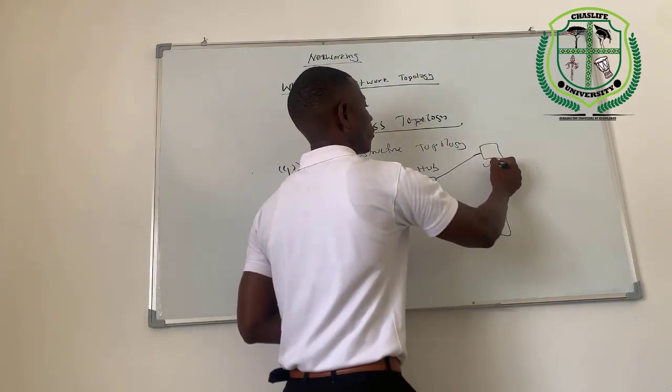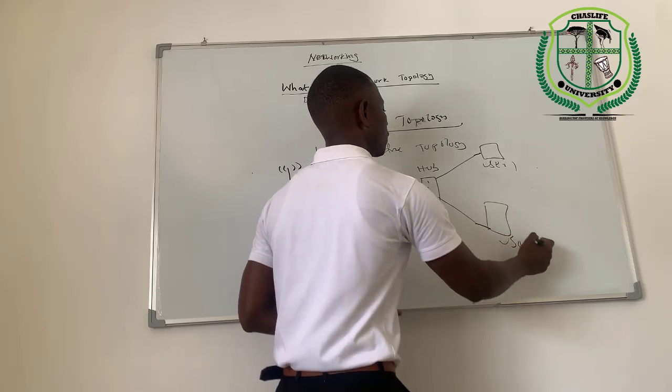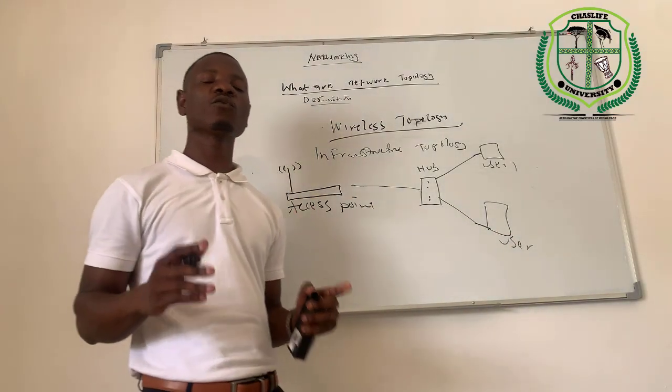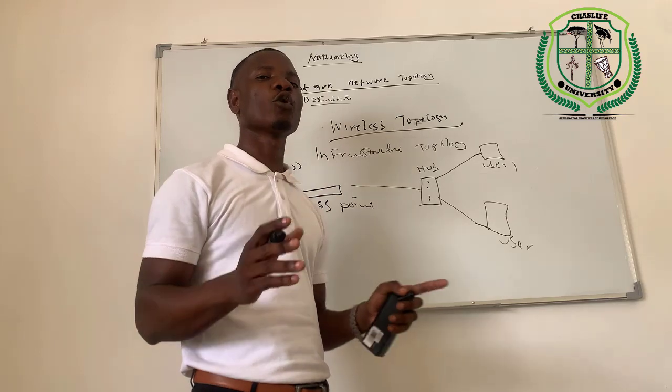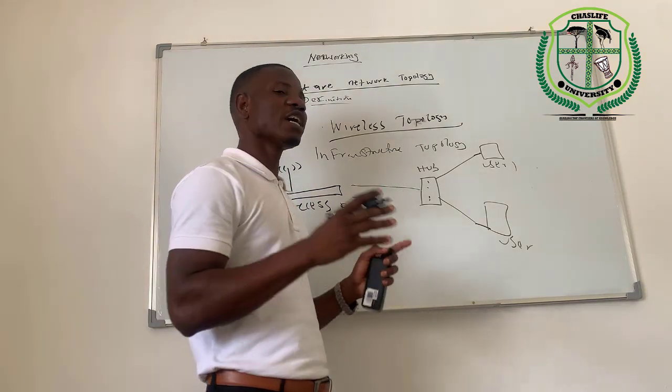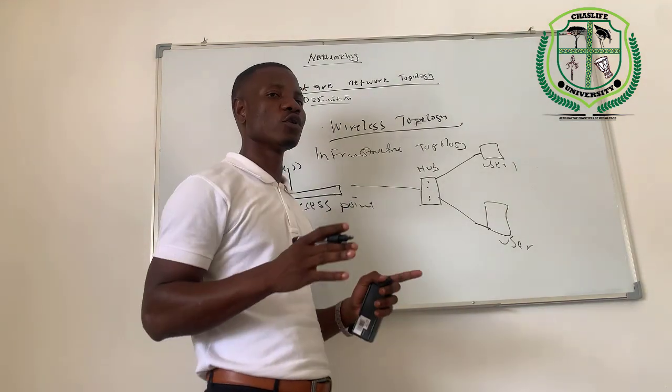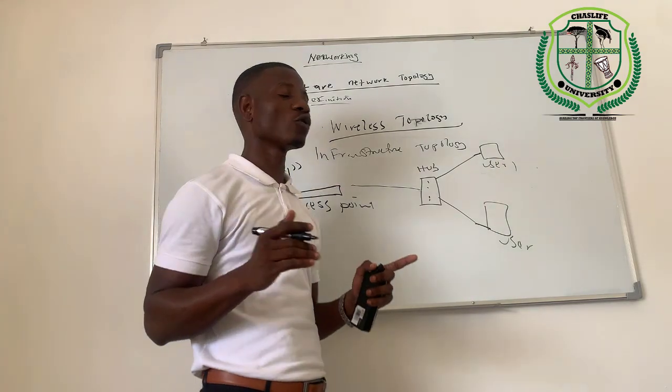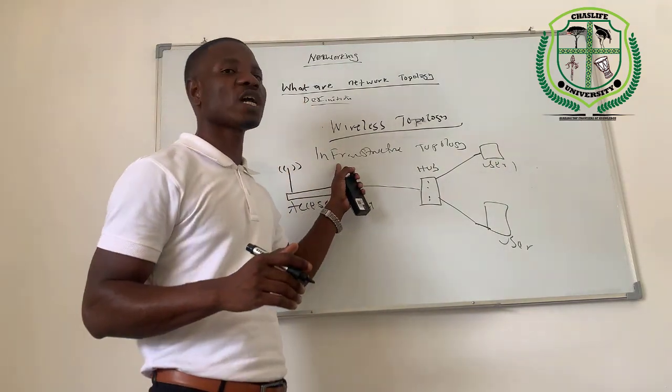So maybe we have user 1, we have user 2. Here we are dealing with wireless topology, and under wireless topology, we are looking at infrastructure topology.